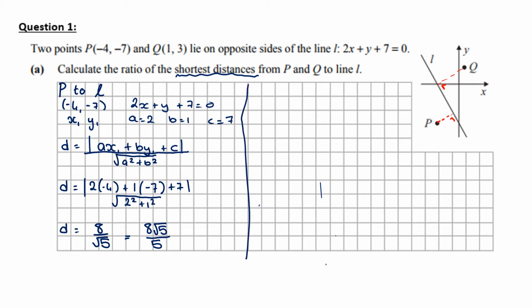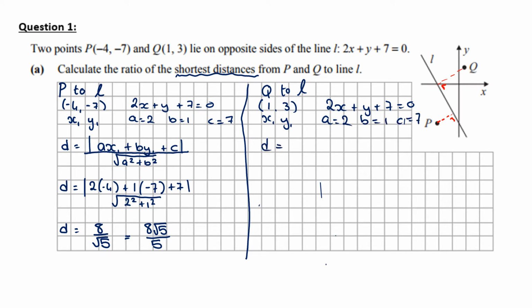So then the second one we want is Q to L. Same formula, but this time we have Q, which is (1, 3), and that's our x1, y1. Our line is still the same, 2x + y + 7 = 0. Again, A is 2, B is 1, and C is 7.